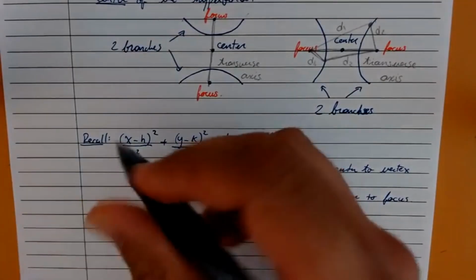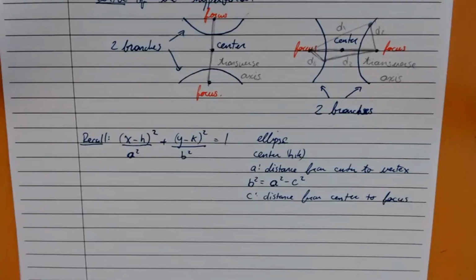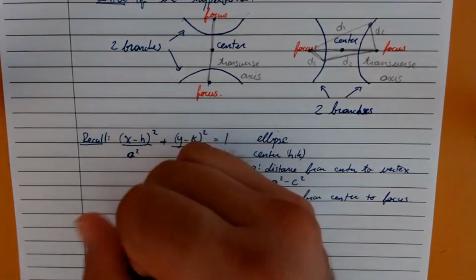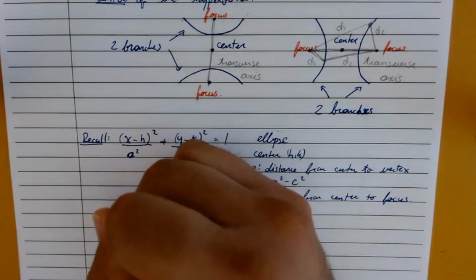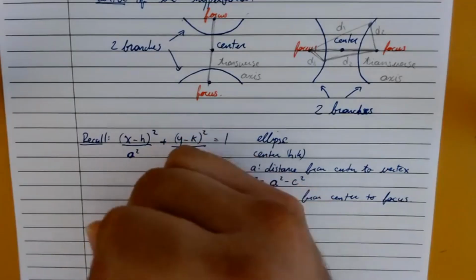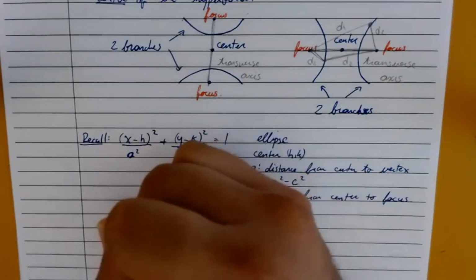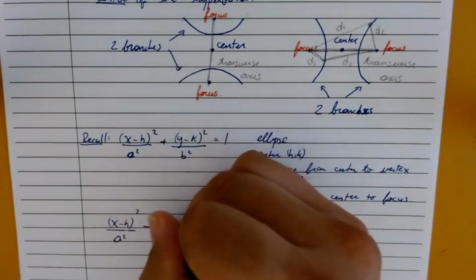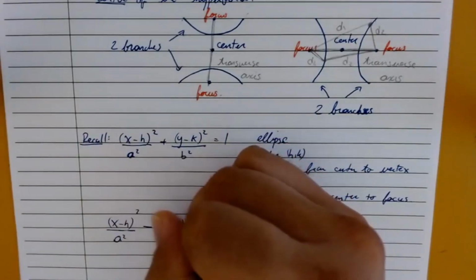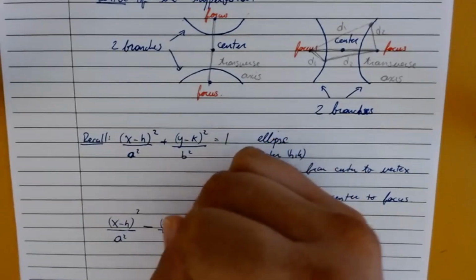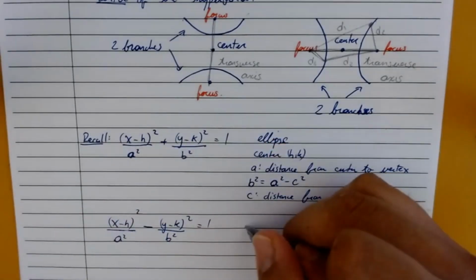Well, then it's going to turn out that our hyperbola is going to have a very similar result. If you have x minus h squared over a squared, instead of plus, now we have minus y minus k squared over b squared is equal to 1. That's a hyperbola.